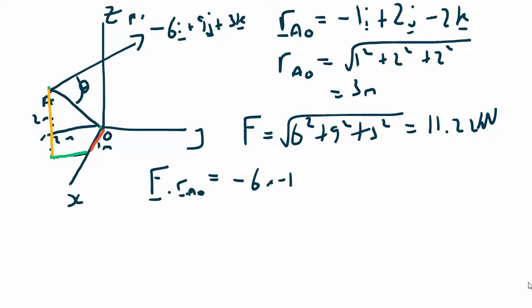So -6 from the first part of the Cartesian vector for the force, -1 from the position vector for AO, plus 9 times 2, your J components, plus 3 times -2. That works out to be 18 kilonewton meters. So 18 kilonewton meters is the result of the first bit.